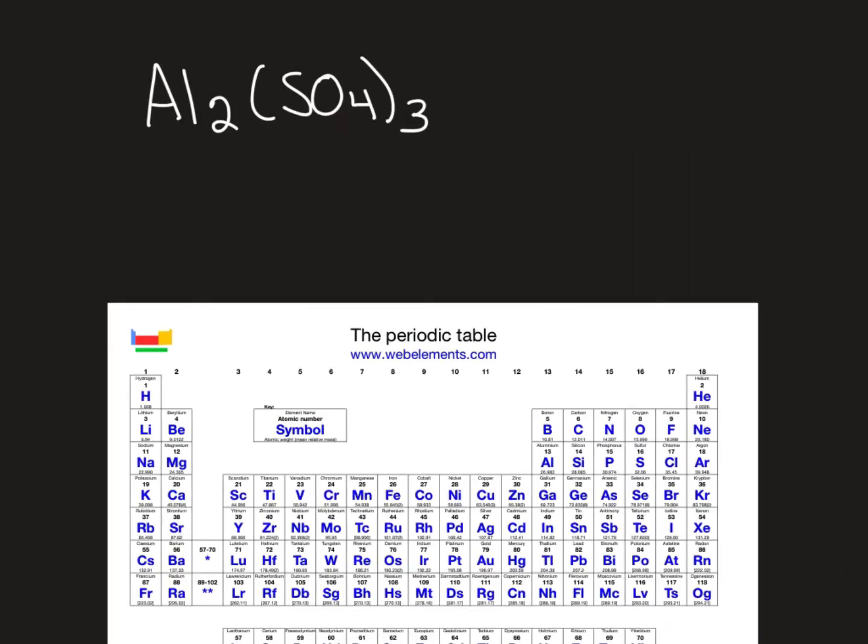Okay, so let's calculate the molar mass of aluminum sulfate. We have a lot of subscripts here, and we have parentheses. So let's start with the first one, which is aluminum. Now there's 2 atoms of aluminum, so put that 2 in parentheses because we're going to multiply the mass we get off the periodic table by 2.